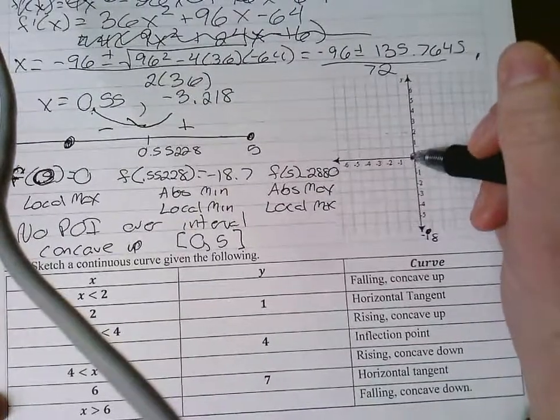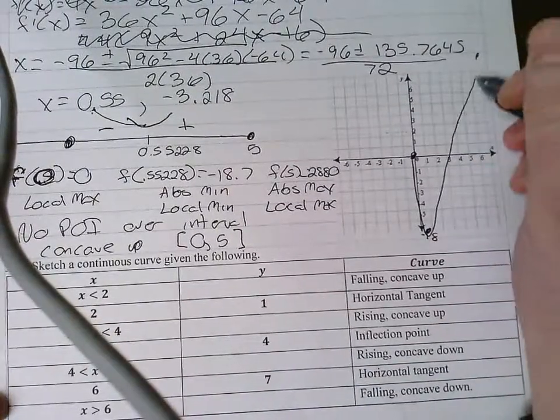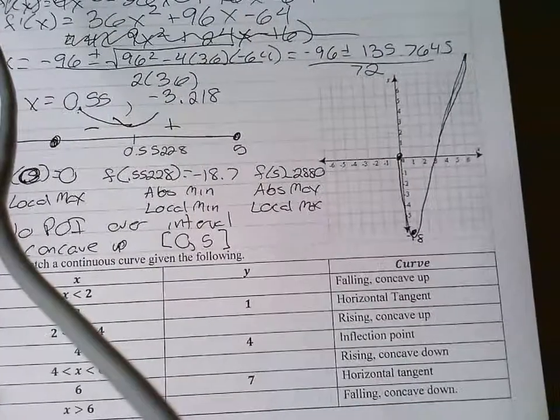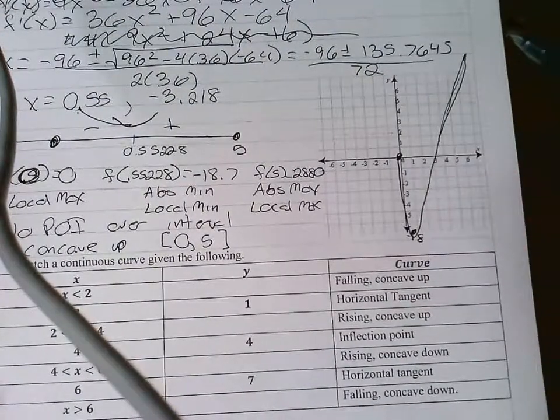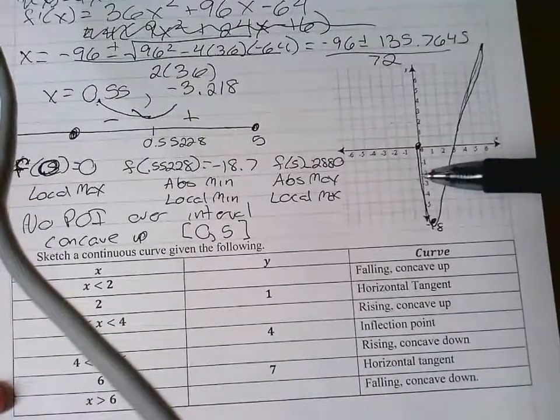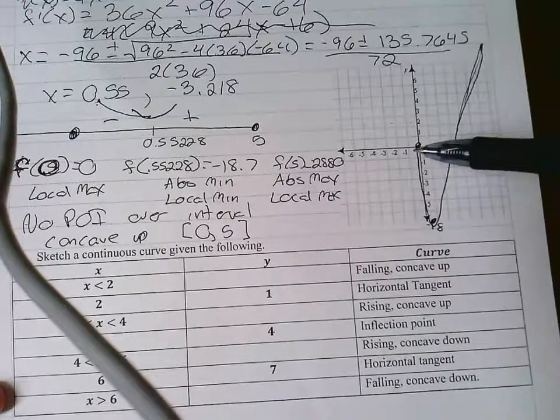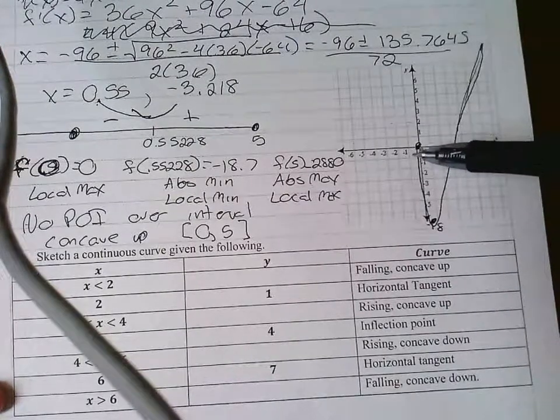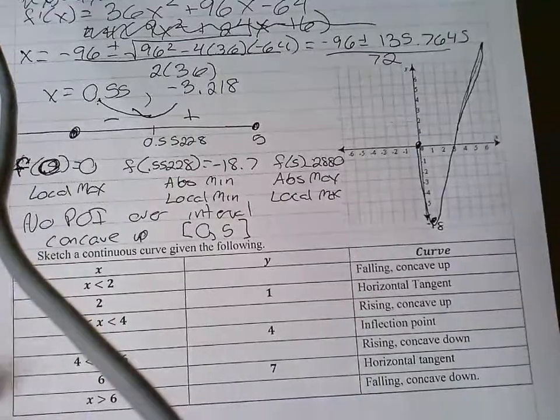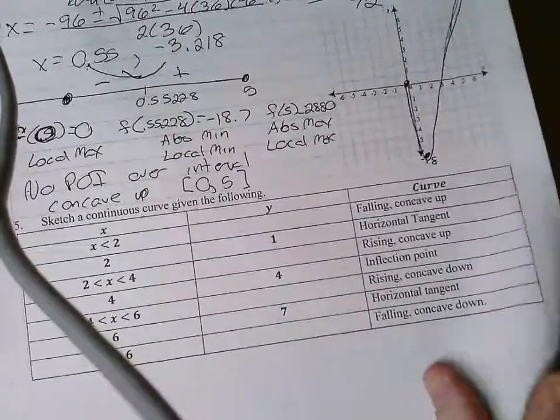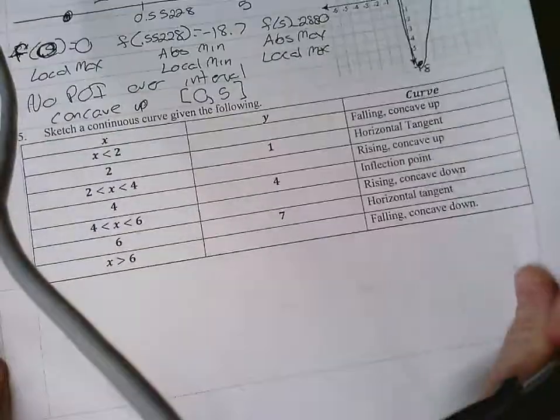So it would look like this. That's what it looked like. So it's concave up. You got a local max. And there you go.